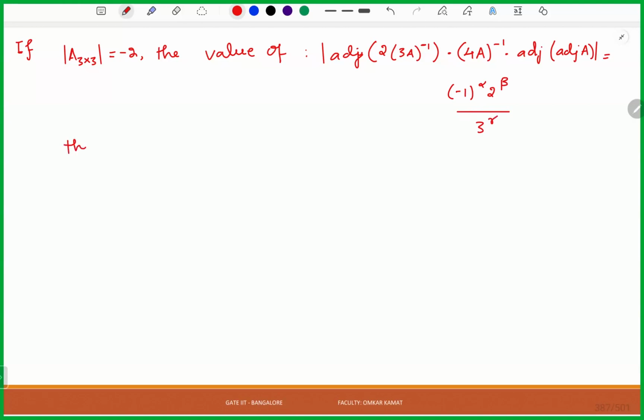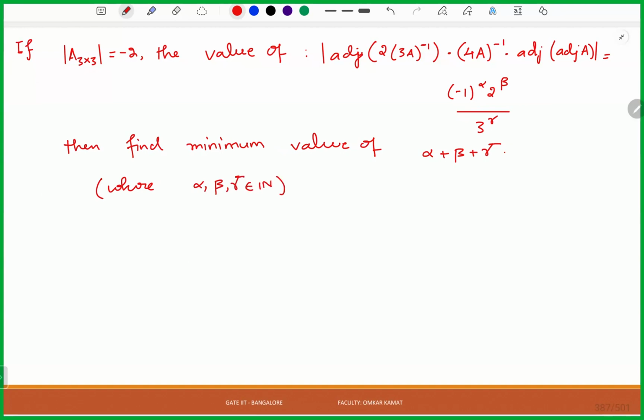Then find the minimum value of alpha plus beta plus gamma, where alpha, beta, gamma belong to natural numbers. Try to do one similar kind of problem we had done.